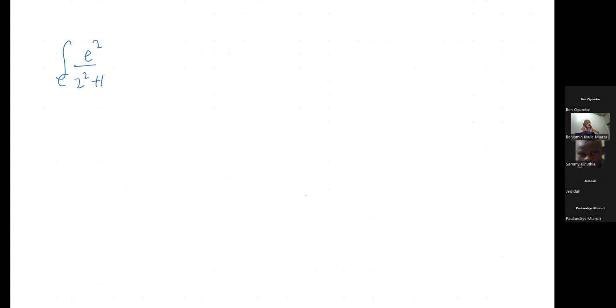So first of all, we need to get the poles. The poles are where the denominator equals 0. So we have z squared equals minus 1. We take the square root, so z equals plus or minus i. Is that okay? So you find the poles first.